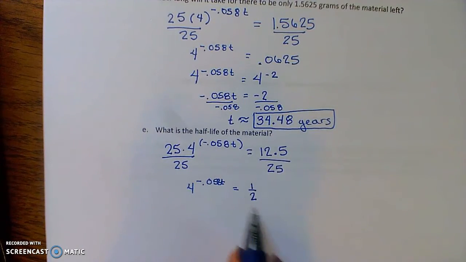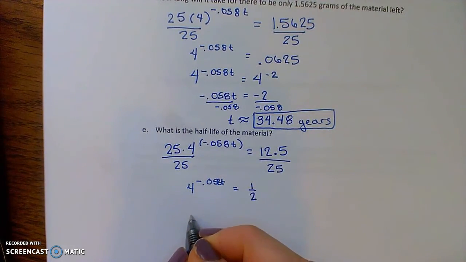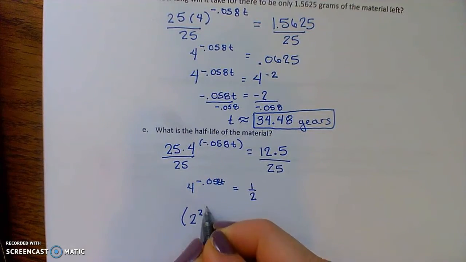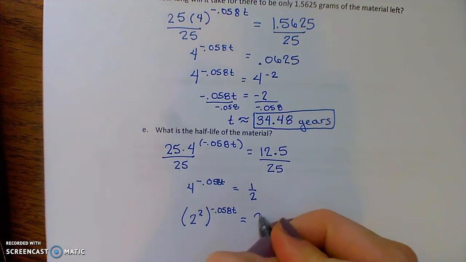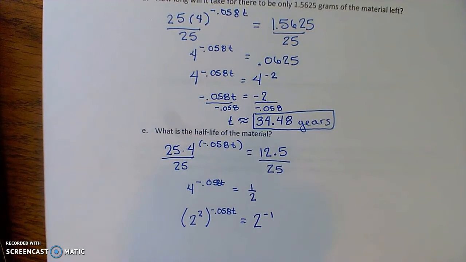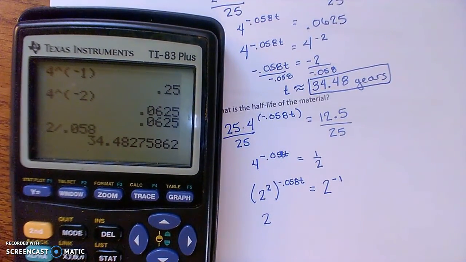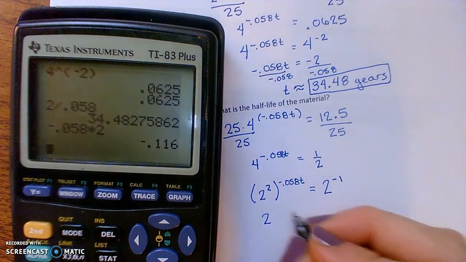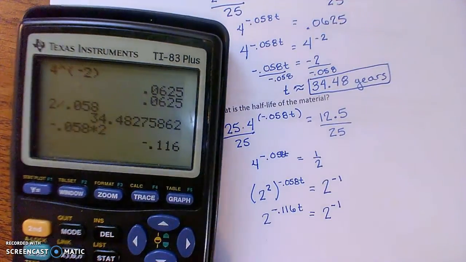And now we have to rewrite, can I rewrite the number 1/2 and also the number 4 so that they have a common base? I can. 4 could be written as 2 squared, and 1/2 could be written as 2 to the power -1. So now let me just remember that when I'm raising a power to a power, I multiply those powers. So it'll give me negative 0.058 times 2, so 2 to the negative 0.116t equals 2 to the power -1.